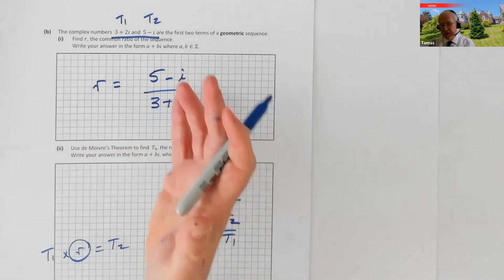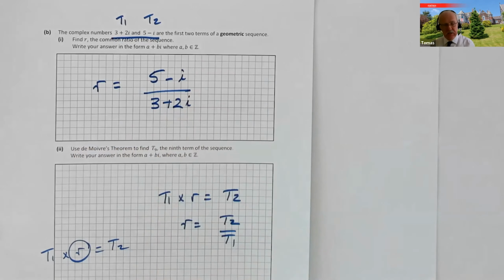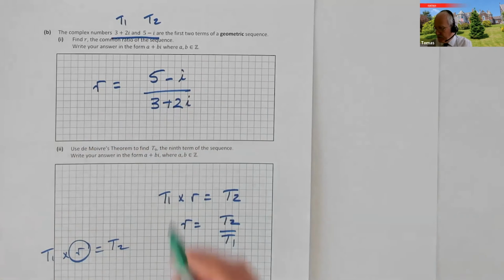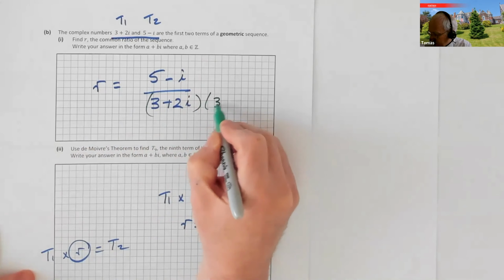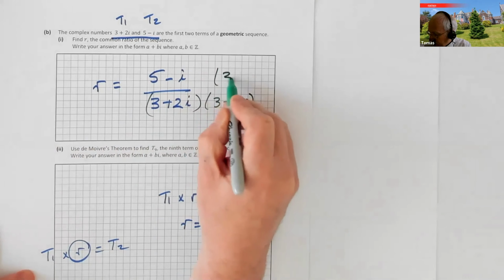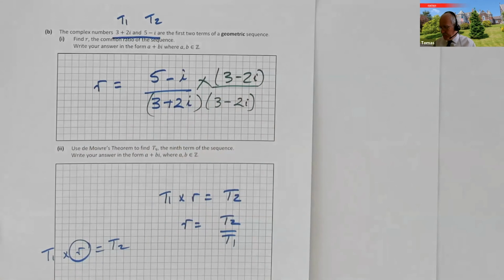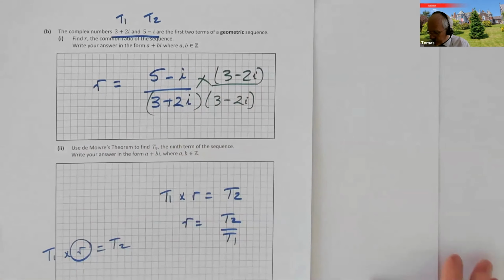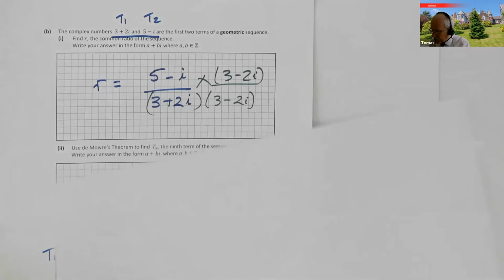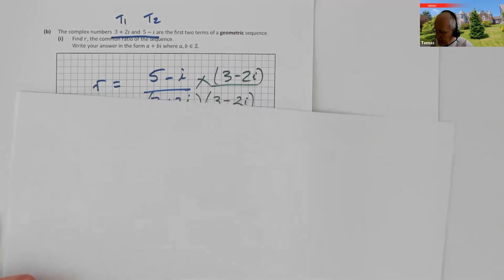Complex numbers, division, how do you do it? Well, you know how to do division. You just bring in the complex conjugate on the top and on the bottom, and you solve it. Now, this is a nice part of the question. It says, use De Moivre's theorem to find T9, the ninth term of the sequence. Write your answer in the form a plus bi.